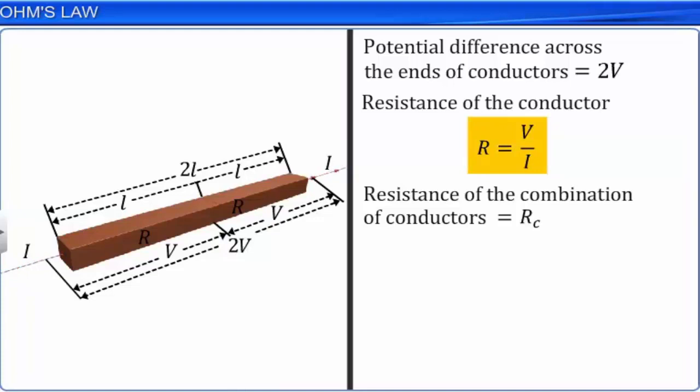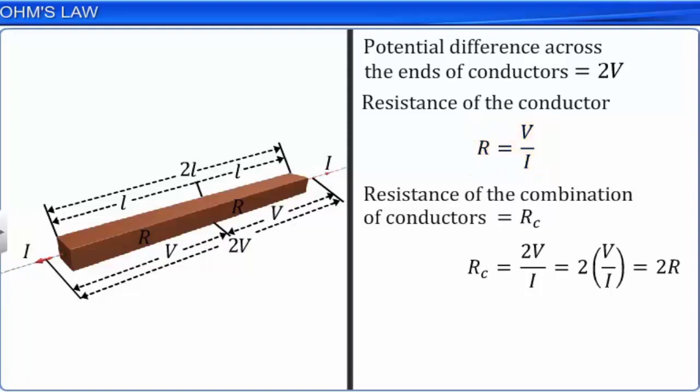Substituting V by I is equal to R in the above equation, we get RC is equal to 2R. From this activity, we can conclude that resistance R is directly proportional to the length L of the conductor. Let this be equation 1.